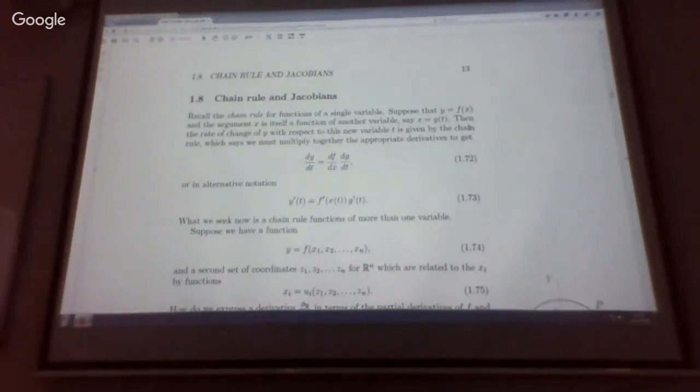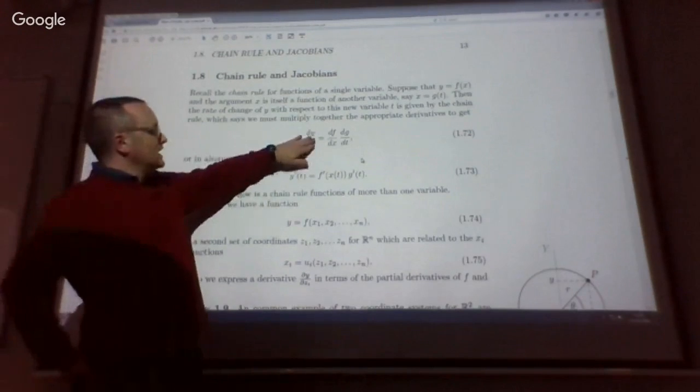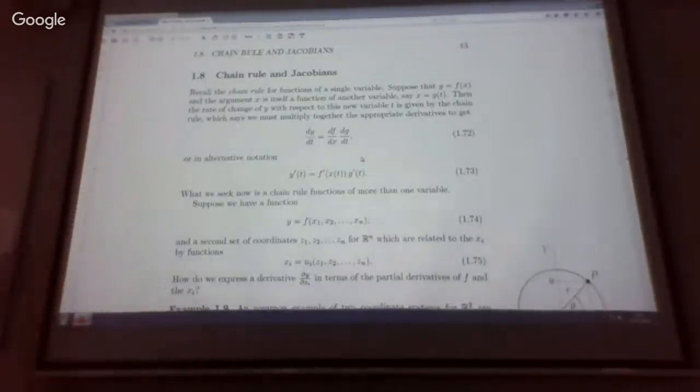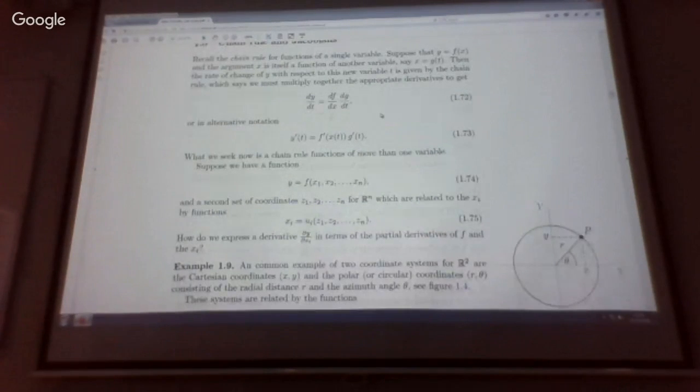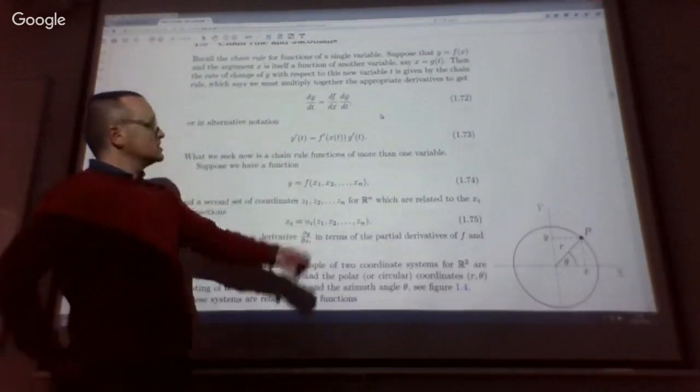Okay? That's what the chain rule allows you to do, and in this kind of d over d notation, it's normally expressed like this. dy/dt is df/dx multiplied by dg/dt, or in some kind of alternative notation, to differentiate the function y applied to t, well, y is a composition, f after g of t.